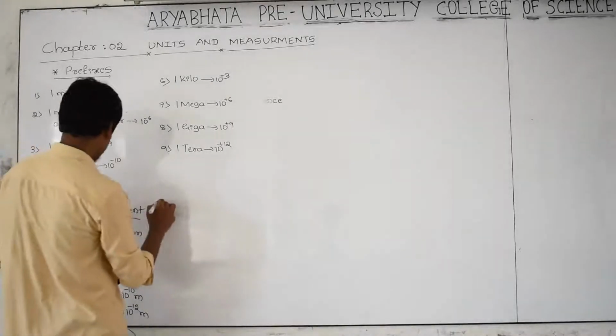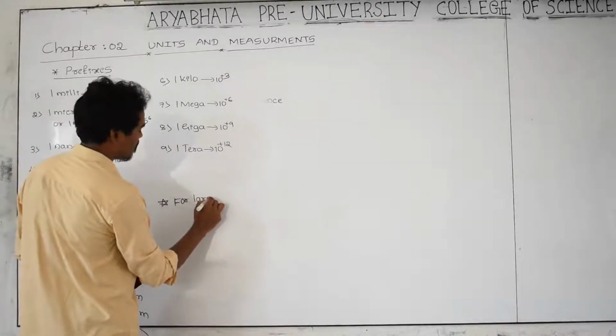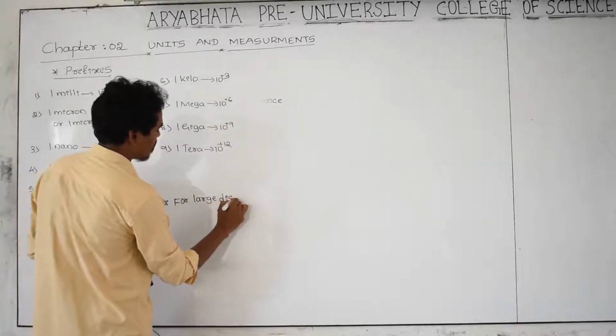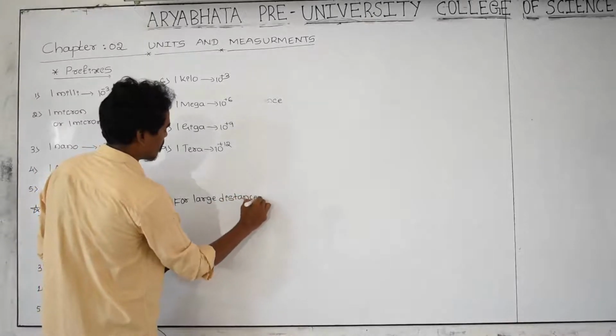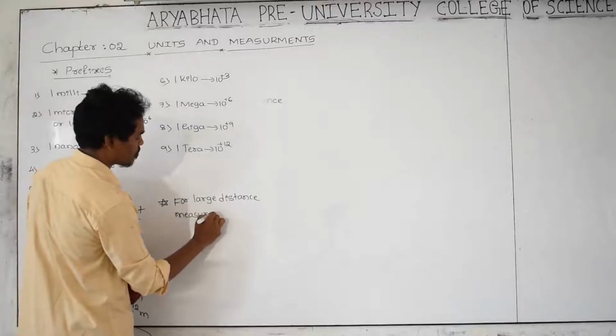These are all prefixes, and these are the units we are going to use for the largest measurements. Next, for large distance or length measurement, which units are we going to use?